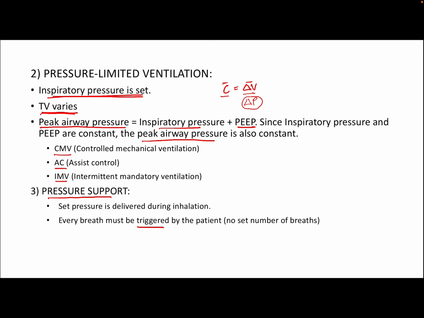In these cases, we use a pressure-limited AC mode to reduce the risk of barotrauma. Another example would be if there is a raised intracranial pressure. In these cases, a very high intrathoracic pressure essentially reduces the venous return from the brain, and you don't want that. So here we use a pressure-limited mode where we set the ventilator at a low pressure so that we know the pressure is not going to go too high.